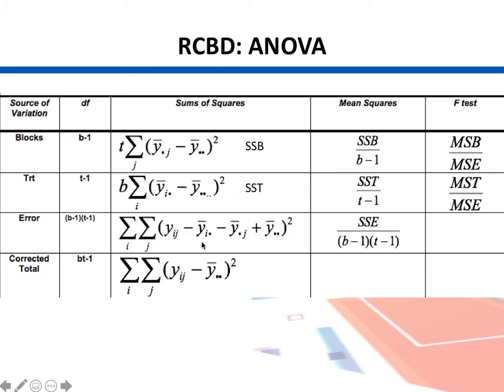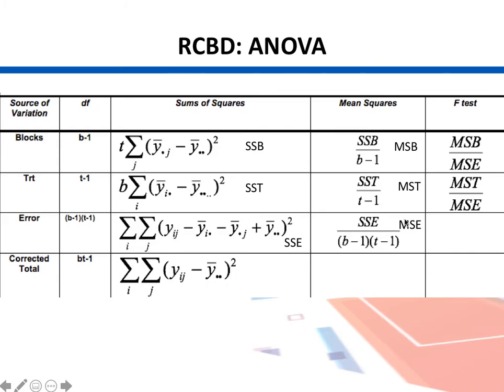Now for the error term, it is a little bit complicated and ugly, but this is how we calculate the sum of squares for the error term. And when these sums of squares are divided by their respective degrees of freedom, we get their mean squares. So SSB divided by b minus 1 is the mean square for block, SST divided by t minus 1 is the mean square for treatment, and in the same way SSE for the error term divided by its degrees of freedom gives us the mean square for the error.